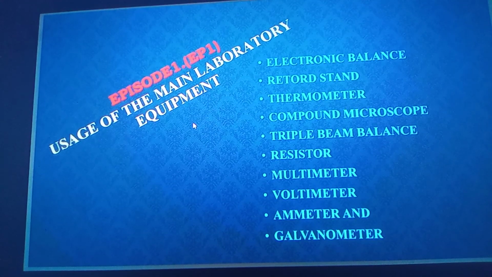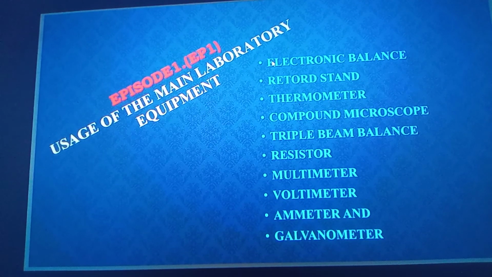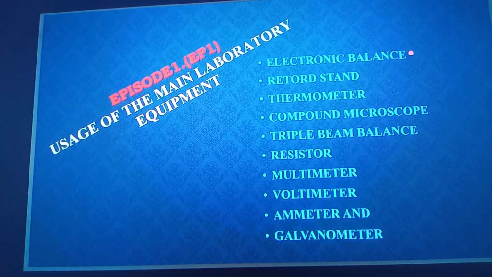Okay, so within this episode number 1, we are going to see some usage of the main laboratory equipment. Now we need to look at electronic balance. We shall look at also retort stand, and also thermometer.